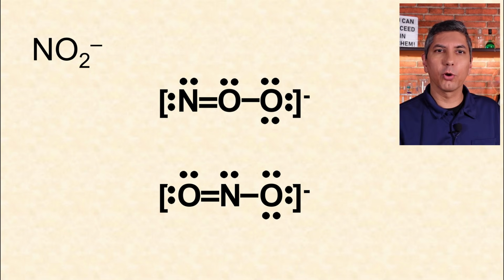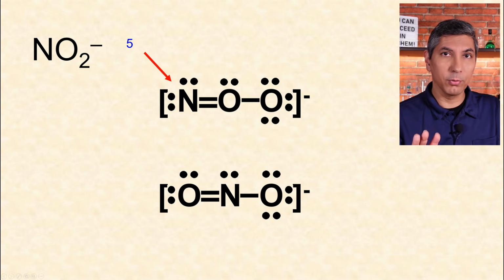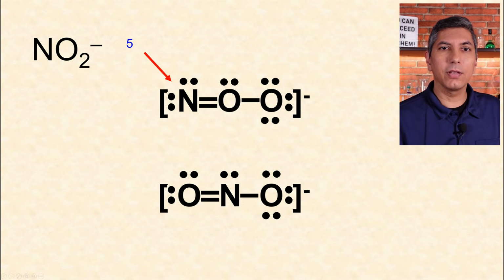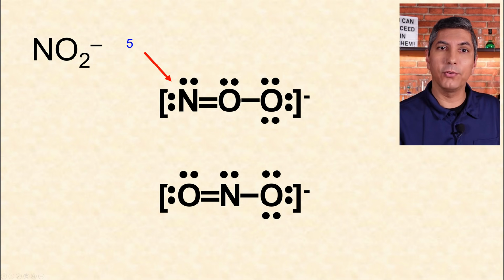To determine the formal charge for the nitrogen atom in the first structure, we take the number of valence electrons that element is predicted to have according to the periodic table, which for nitrogen is 5, since it's in group 15, and we subtract the number of valence electrons assigned to it. Every electron in a lone pair counts as a 1, while every bond touching that atom also counts as a 1.